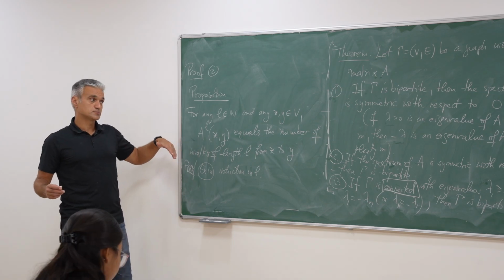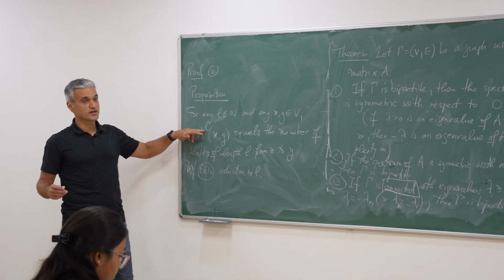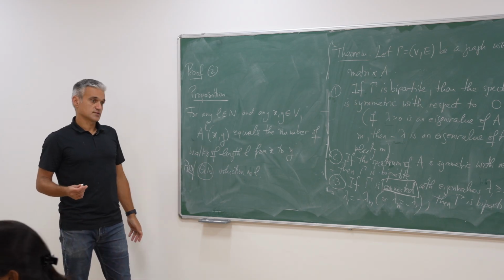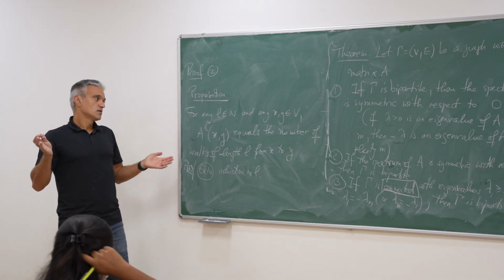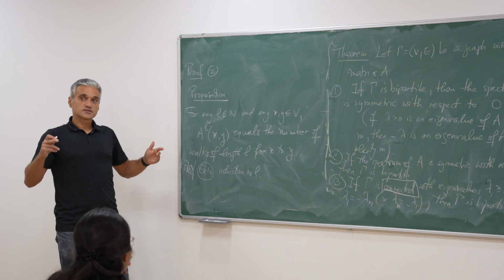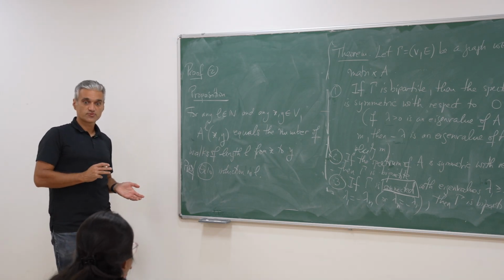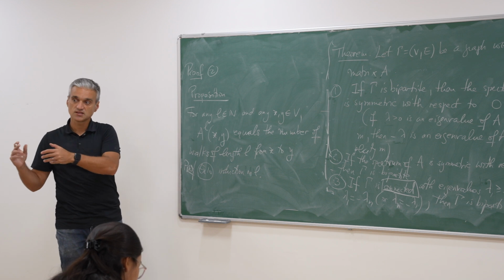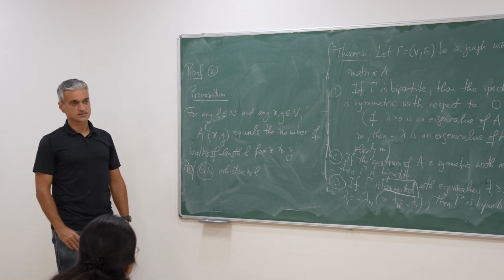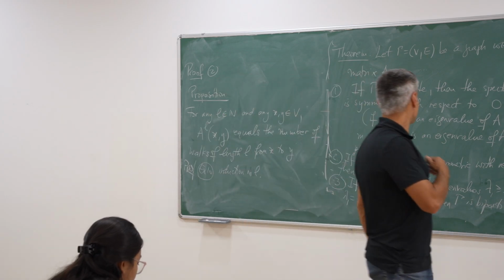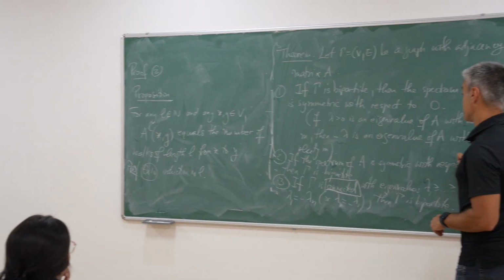Then you can use induction on L to show this result. If you have a walk of length L from X to Y, this is going to be composed of a walk of length L minus 1 from X to some vertex Z and an edge from Z to Y. That's essentially it.